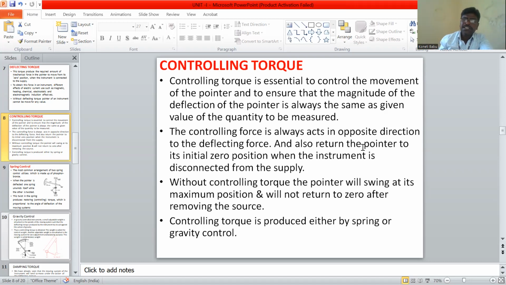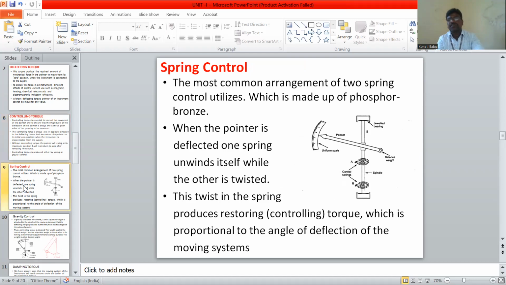The controlling torque is produced either by spring or gravitational methods. So first is the spring control method.